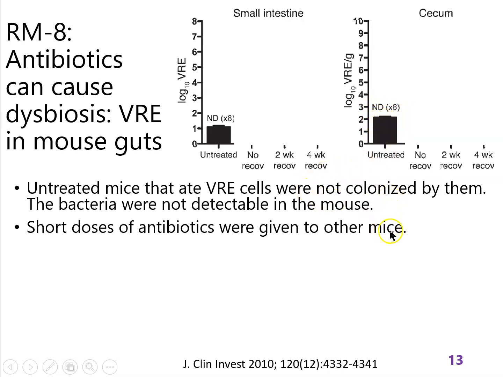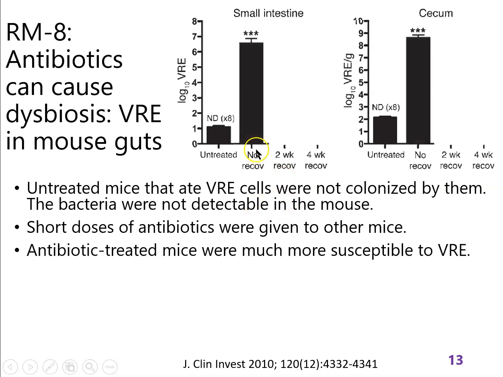So then, some similar mice were given antibiotics and then immediately given vancomycin-resistant Enterococci. The antibiotics would disrupt the normal gut bacterial community. And here's what we saw. Right after antibiotic treatment, the mice had no defense against the vancomycin-resistant Enterococci.